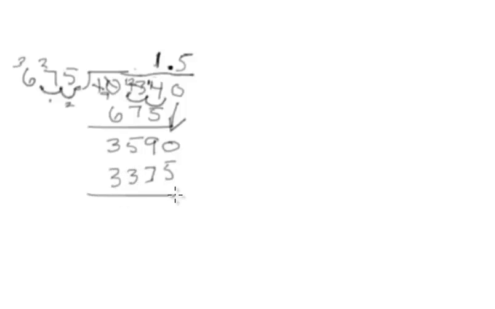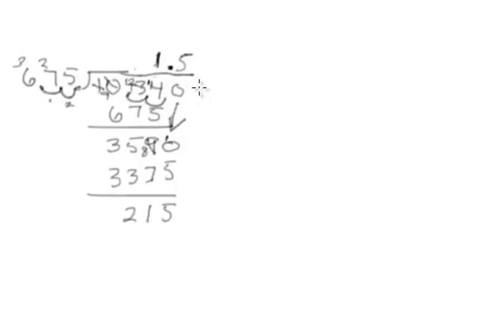As long as that answer is less than the number above, we've done that correctly. I'm going to have to borrow one here, so I make that 9 and 8. 10 minus 5 is 5, 8 minus 7 is 1, 5 minus 3 is 2, and 3 minus 3 is 0. So 215. We've done that right.